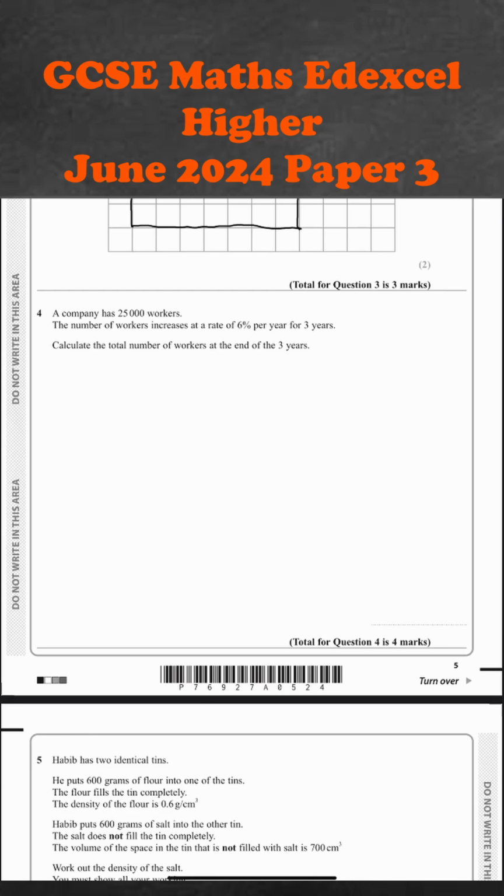Question number 4. A company has 25,000 workers. The number of workers increases at a rate of 6% per year for 3 years. Calculate the total number of workers at the end of the 3 years. All we have to do for this is 25,000 times 1.06 to the power 3.